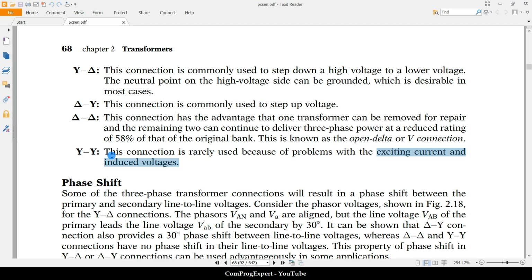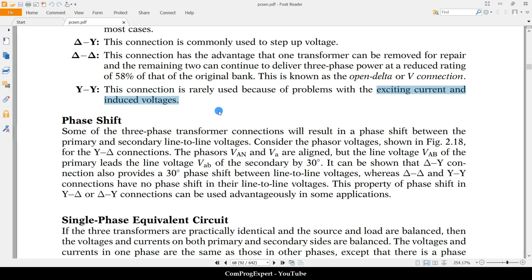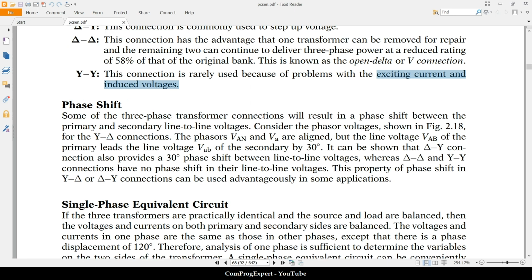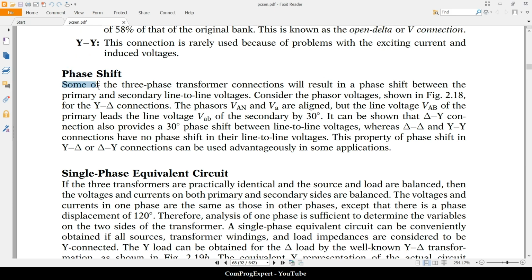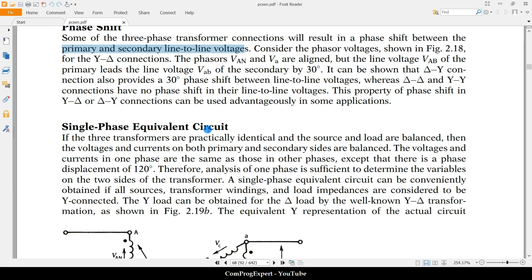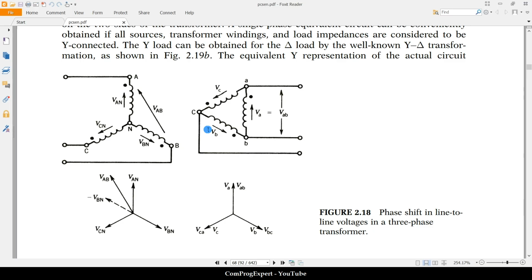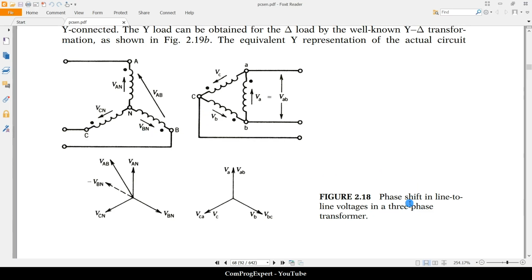We will discuss that. So, the phase shift. Some of the three-phase transformer connections will result in a phase shift between the primary and the secondary line-to-line voltage. So this phase shift is shown for this case.